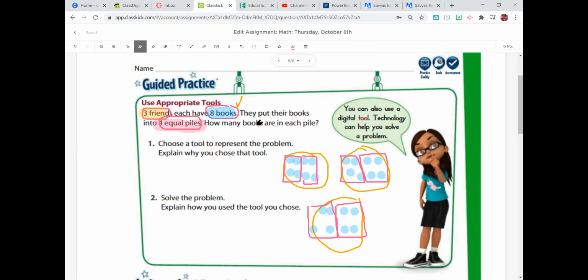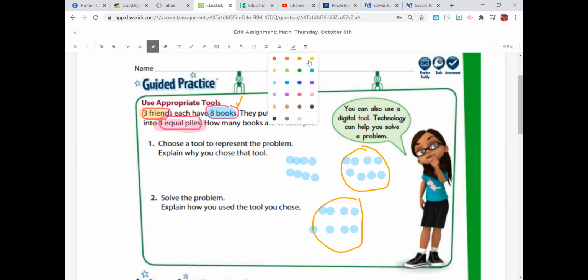How many books are in each pile? Ooh, I did the wrong one, sorry. Let's try this again, in each pile. It's a good reason to always go back and reread.